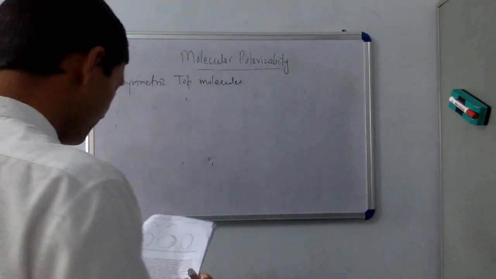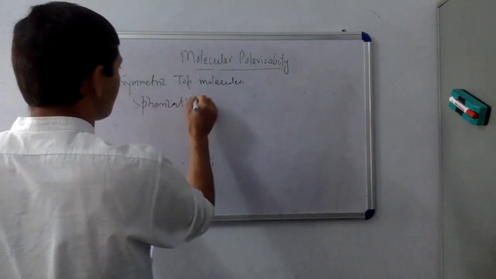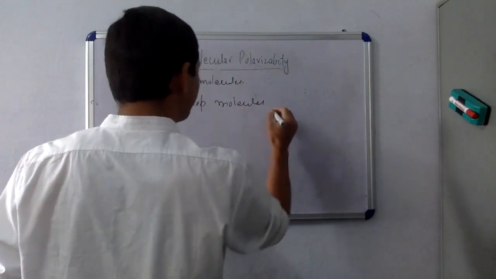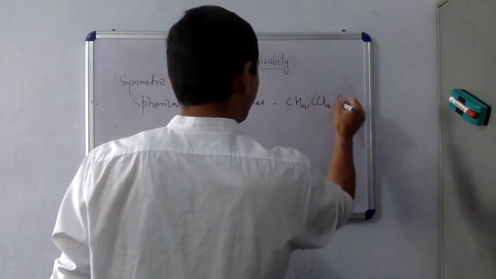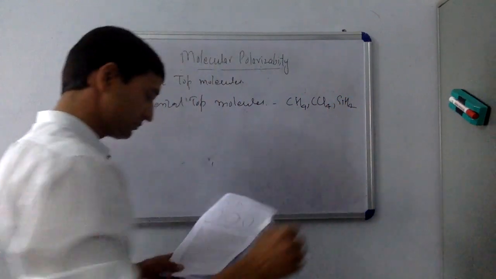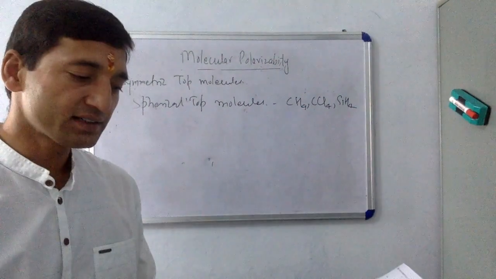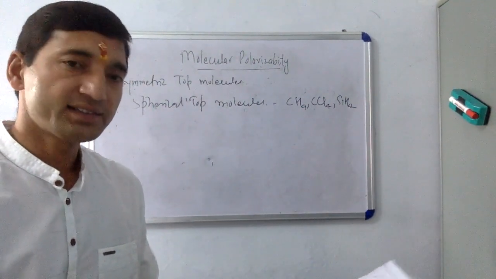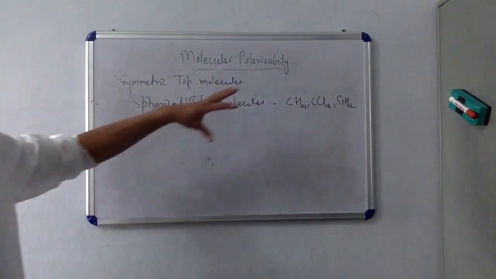And finally the spherical top molecules, like CH4, CCl4, SiH4, have the spherical polarizability surface since they are completely isotropic. As far as the incident radiation is concerned, these are spherically symmetric.